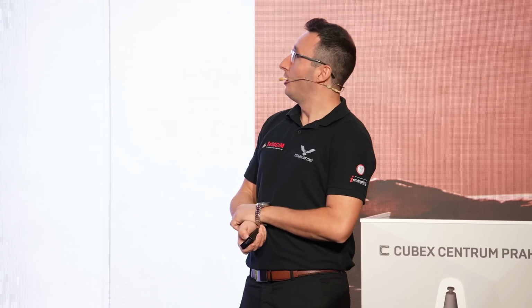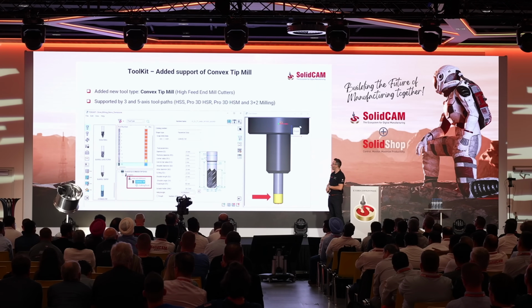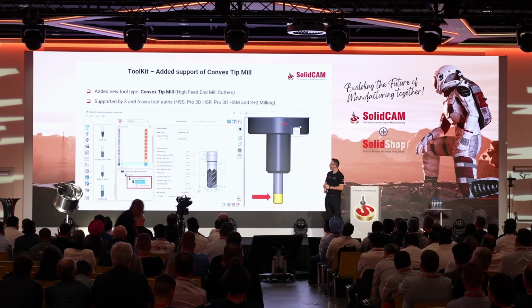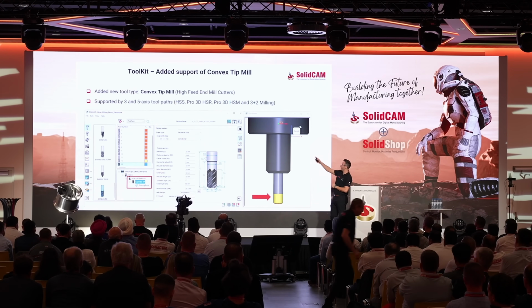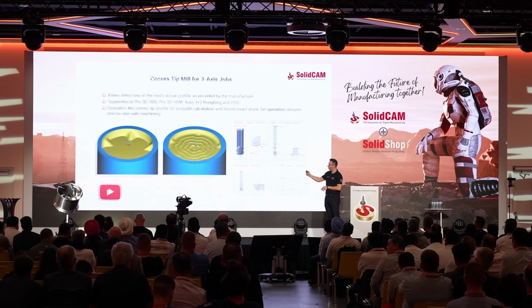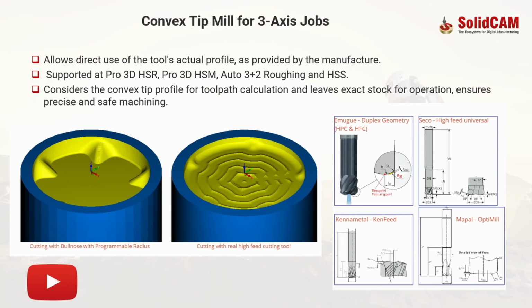We added a new tool type, convex tip mill. It's a high-feed end mill cutter. It's completely supported in 3 and 5-axis toolpaths like HSS, Pro 3D, HSR, HSM, and 3+2 milling. So what it provides: by far, our customers were unable to define this cutter, so the real cutter was not really there. So they used a workaround.